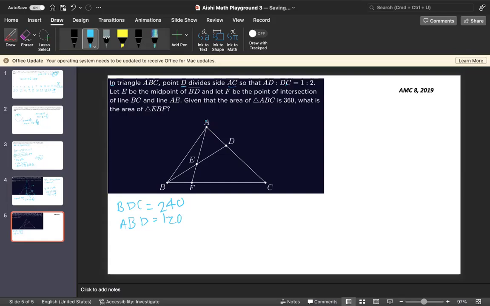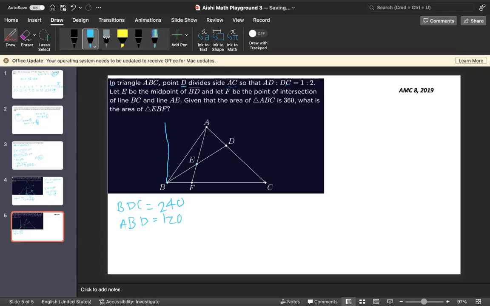Okay. Now if we can find ABE, since ABE has the same height, which is from here to here, as ABD, we know that the height is the same.